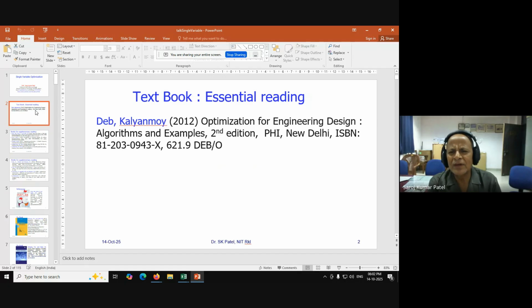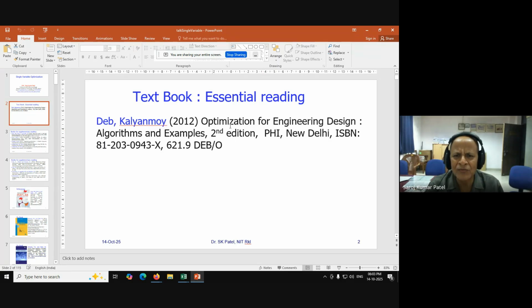Now, for this optimization course, there are many books, but the best, simplest and most fundamental book is by Professor Kalyanmoy Deb. That is Optimization for Engineering Design: Algorithms and Examples. He has already published 2 editions, so you can refer to the second edition. It is Prentice Hall of India Publications.